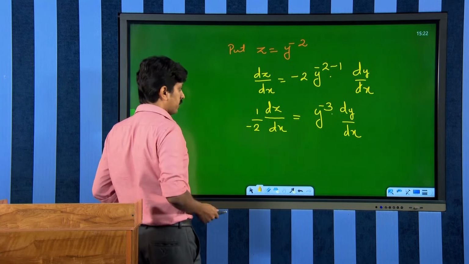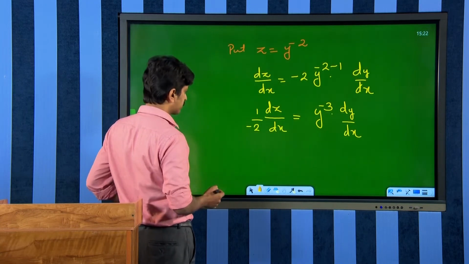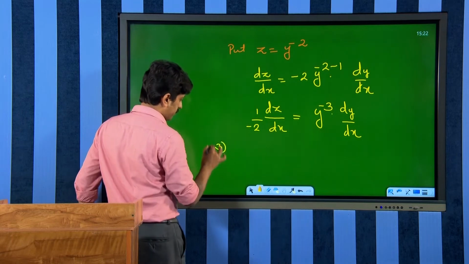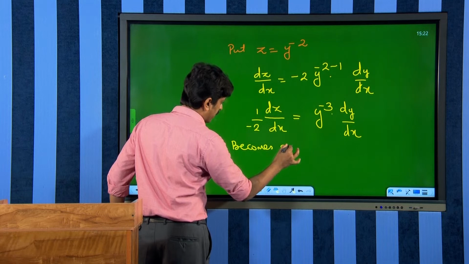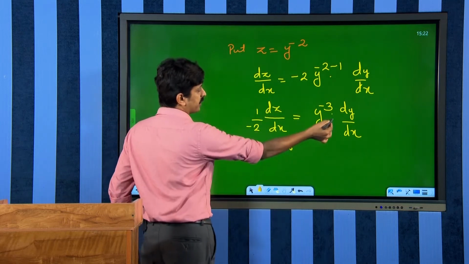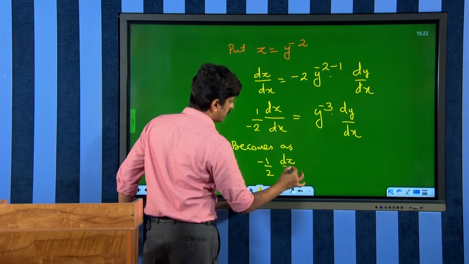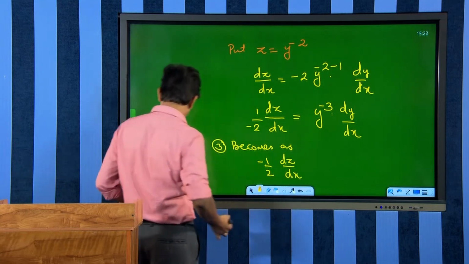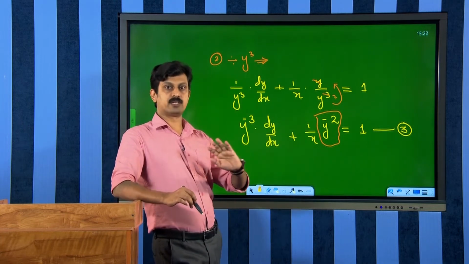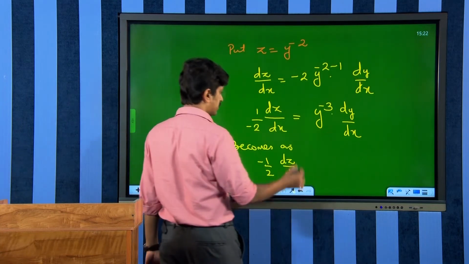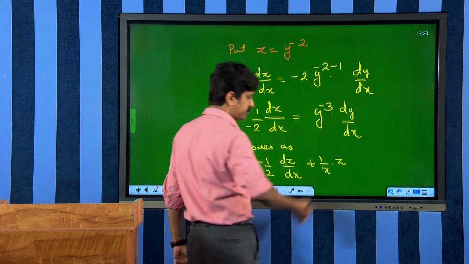So here equation 3 becomes minus 1 by 2 dz by dx. Again we will have 1 by x into y raised to minus 2. y raised to minus 2 is z, so 1 by x into z.